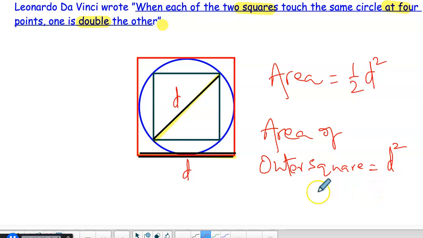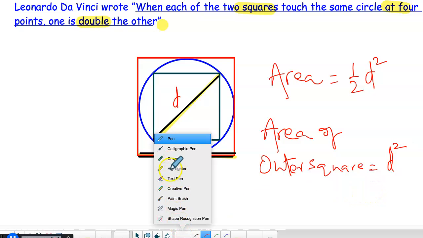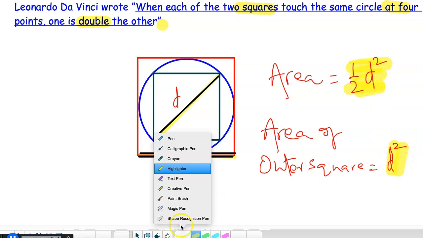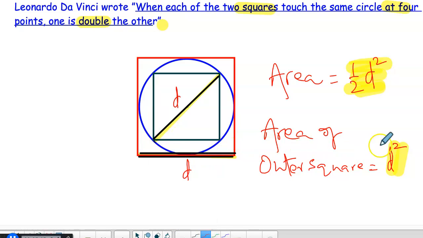So did you get the point now? The area of the inside square is half of the square of d. Alright. And the area of the outer square is d square. And what is the relationship between those two areas? Look at this.